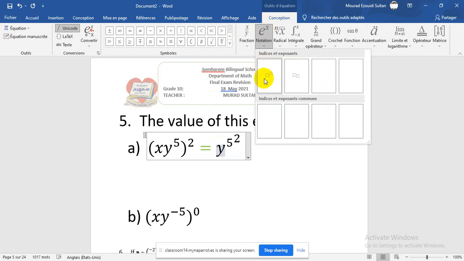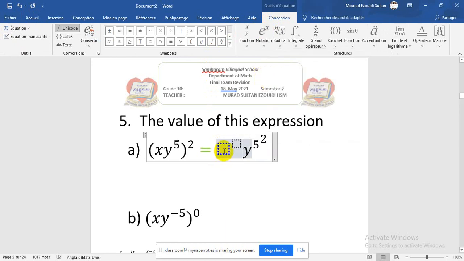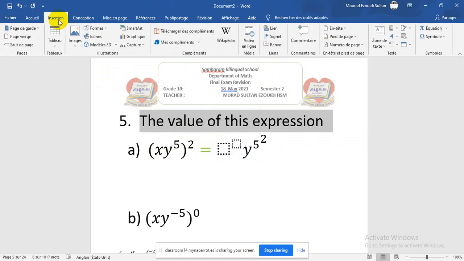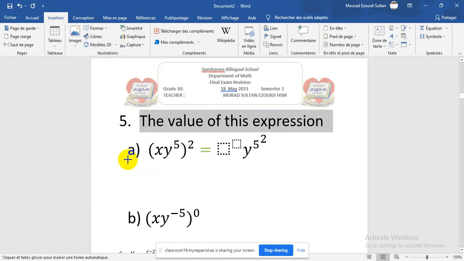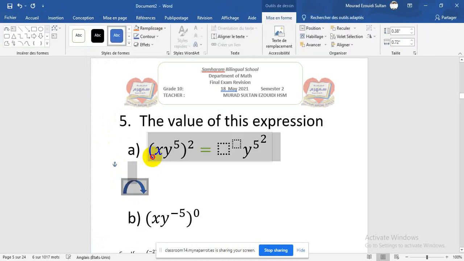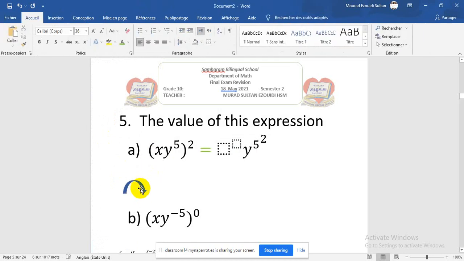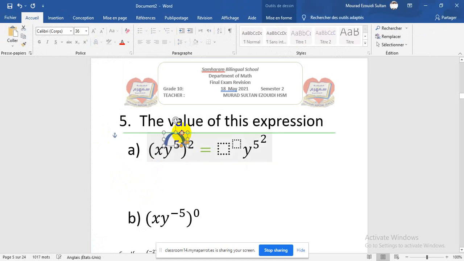So this is x to the power 1 multiplied by 2.